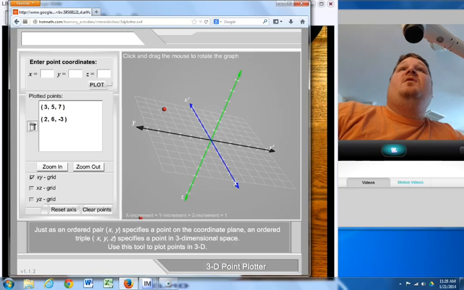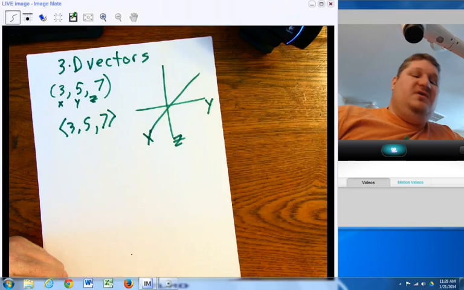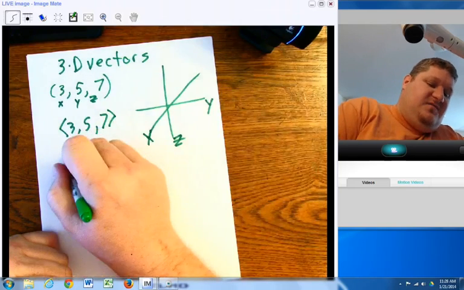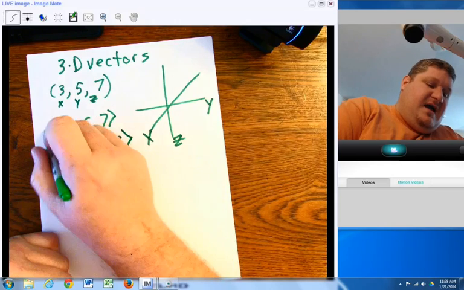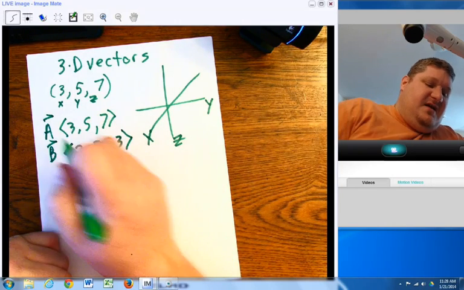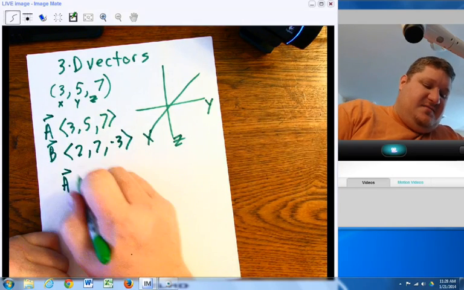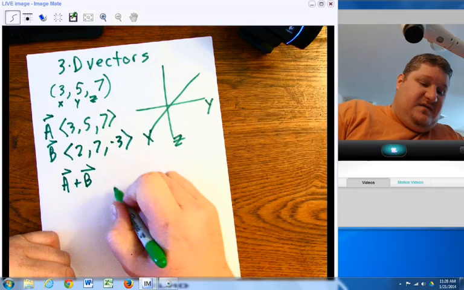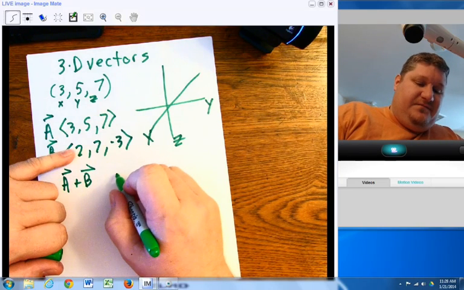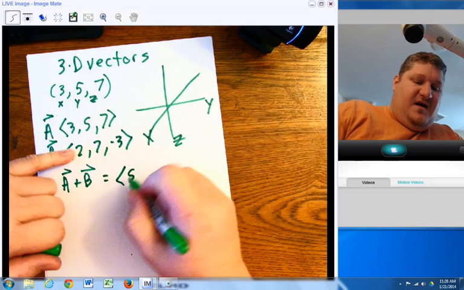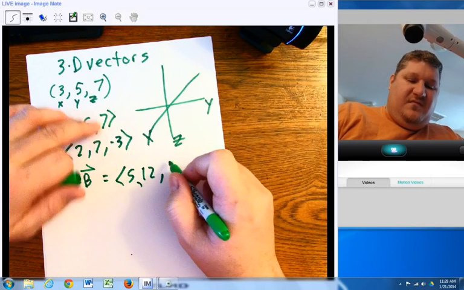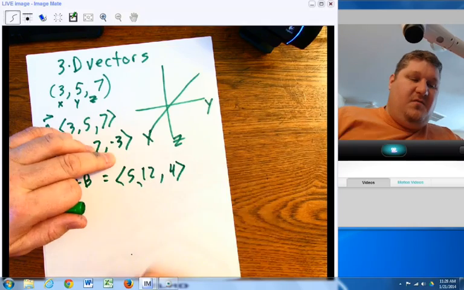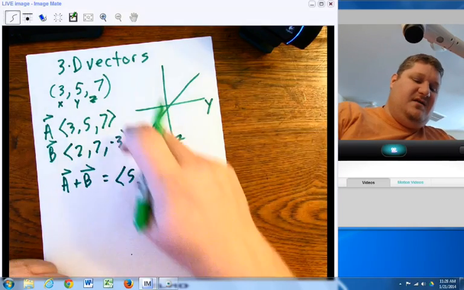Now, what we need to do is figure out, well, what can I do with them? Well, if I have two vectors, A (3, 5, 7) and B (2, 7, -3), it works just like the others. To add them together, I simply take 3 plus 2 is 5, 5 plus 7 is 12, 7 plus -3 is +4, and there's the vector between those two vectors.